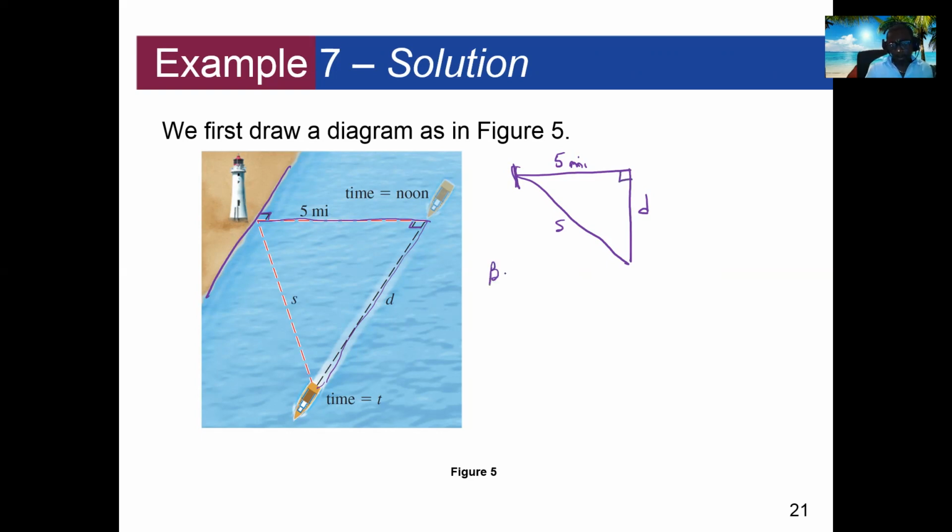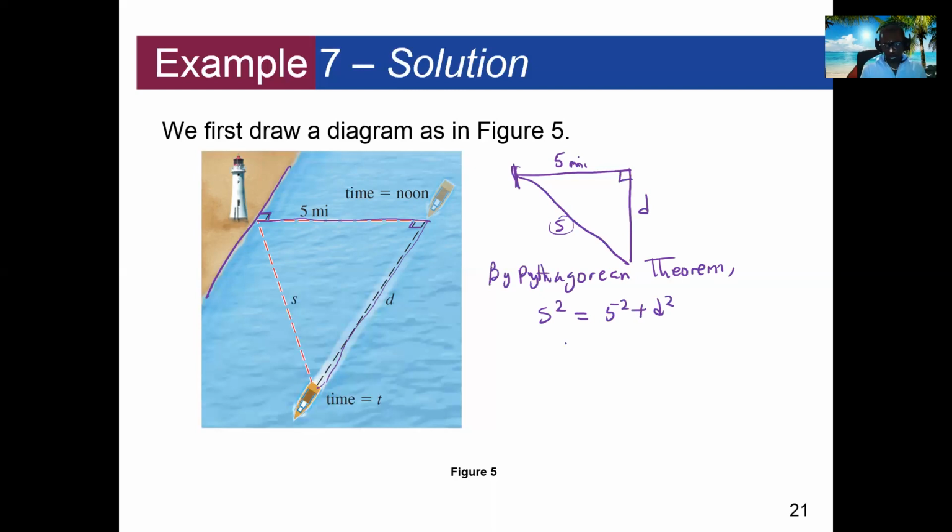If I use the Pythagorean theorem, we know that the square of the hypotenuse, which is the S in this case, is equal to the sum of squares. So that'll be 5 squared plus d squared.